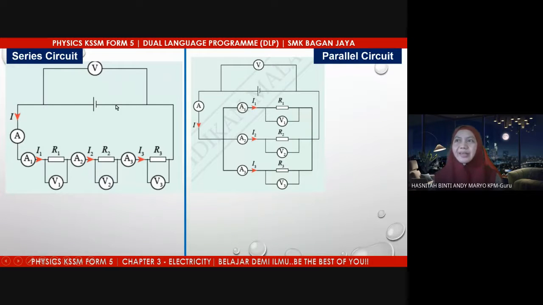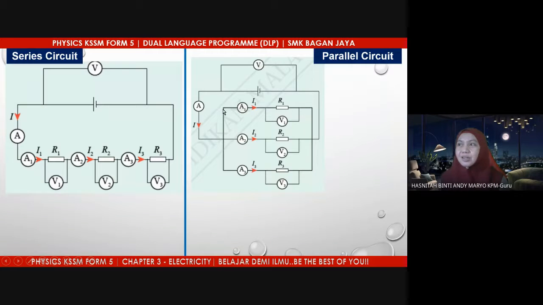For series, all the conductors are connected in one line, one single path. That is called series. Meanwhile, for parallel, we have three resistors there, R1, R2, and R3. In series, all are connected in one path. For parallel, you can see there are junctions.